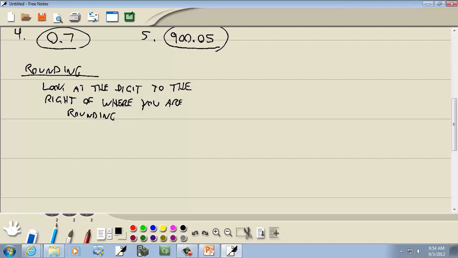So look at the digit to the right of where you're rounding, and then if it's less than 5, round down. And we're going to see what that means with examples. And then if it's 5 or greater, round up.